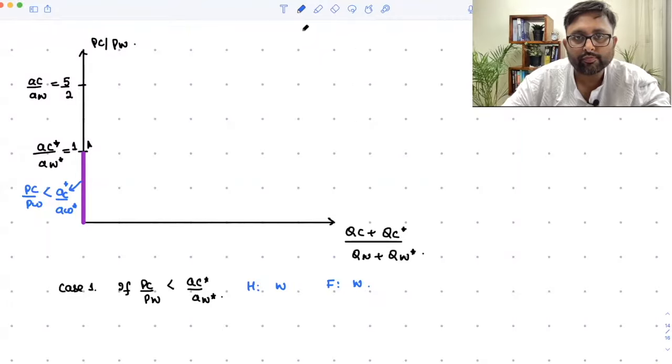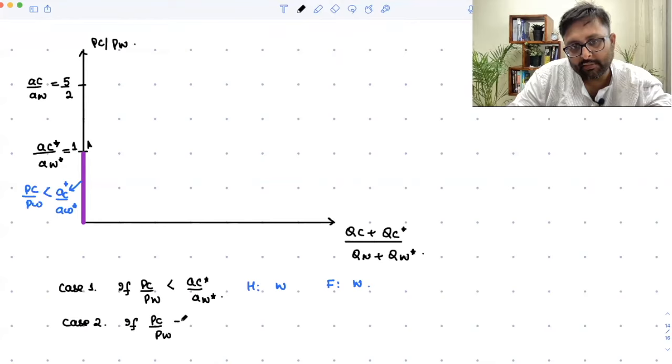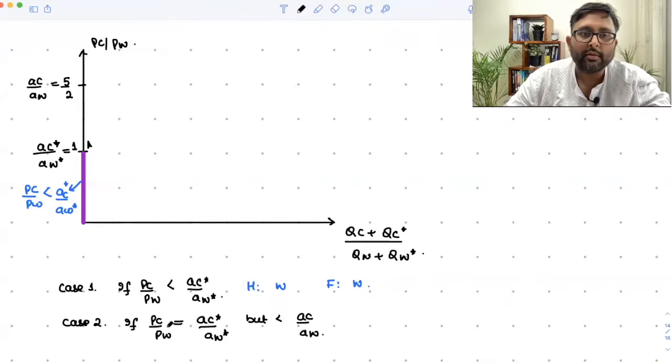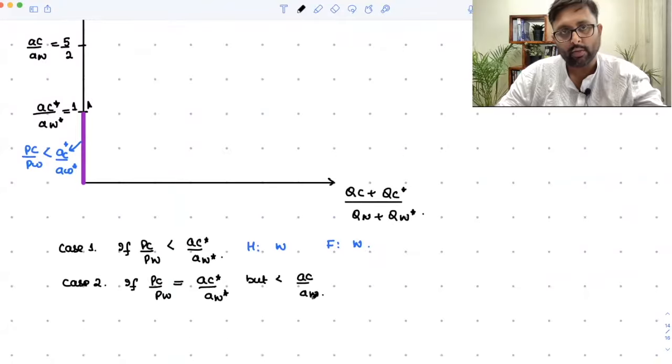Case 2. If PC by PW is equal to AC star by AW star, but less than AC by AW, the foreign country would be indifferent between producing cheese and wine.